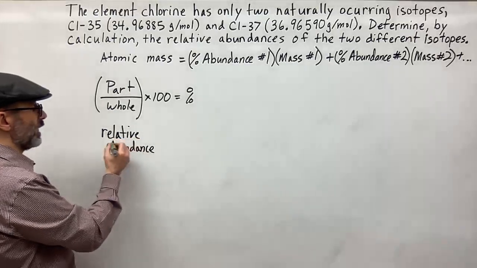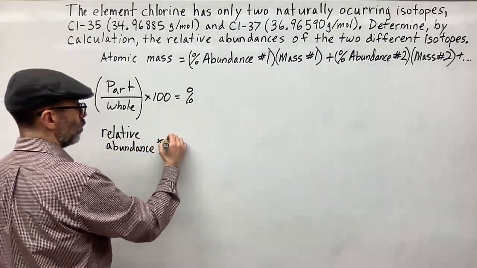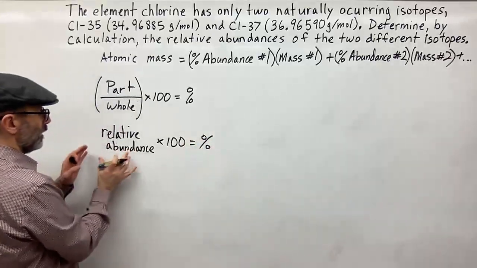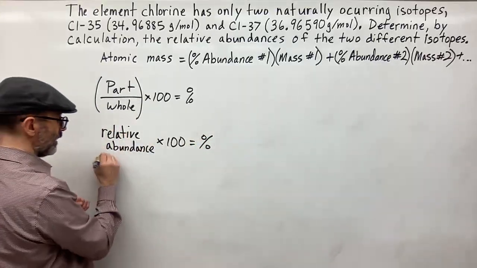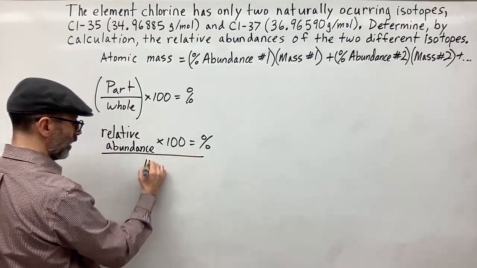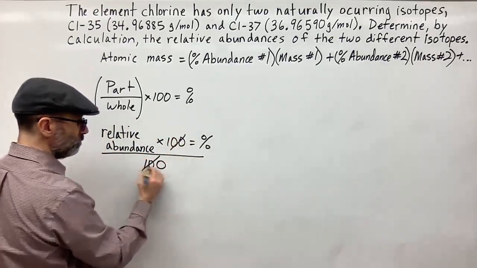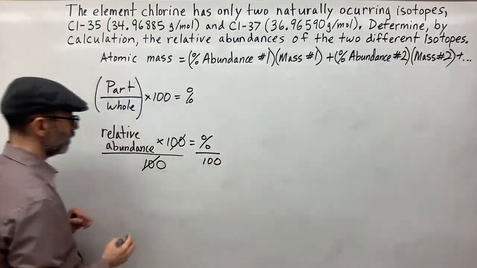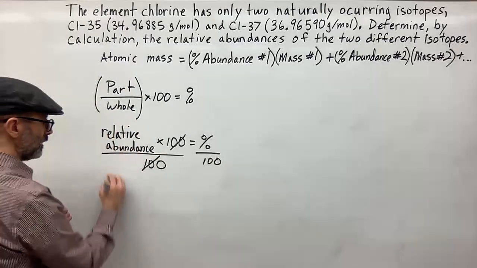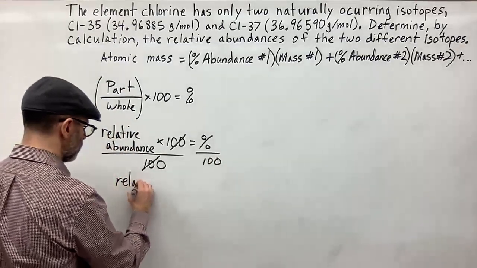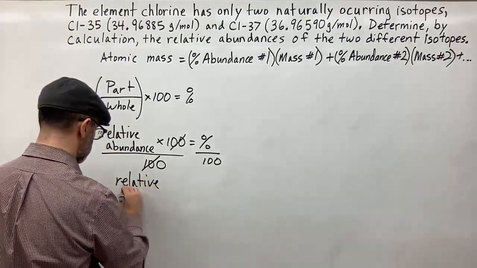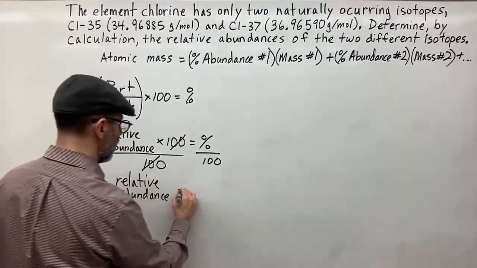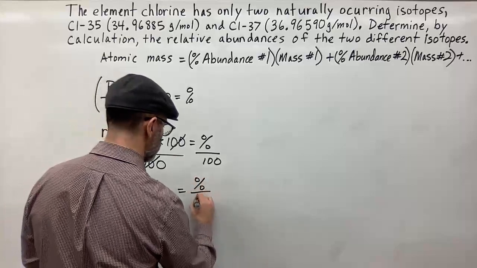Okay, and so here it would be multiplied by 100, and you get the percentage. If I want to solve for this, then I would divide both sides by 100, right? And then I have relative abundance by itself, and that's going to be equal to whatever the percentage is divided by 100.